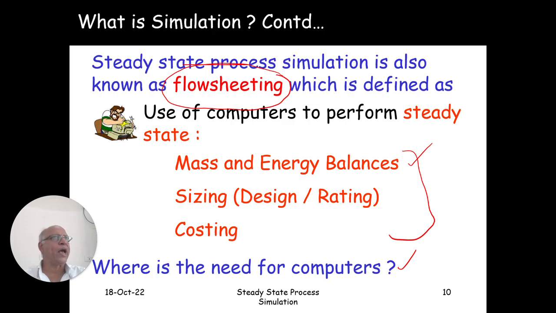For repeated calculations, computers are going to be very handy. You will be able to solve the same set of equations quite easily compared to the manual effort. If you are trying to calculate some of these only for a predetermined set of values, you don't have to use a computer. When you want to repeatedly solve the same set of equations, the same set of calculations, for different input conditions, that's where computers are going to be handy.